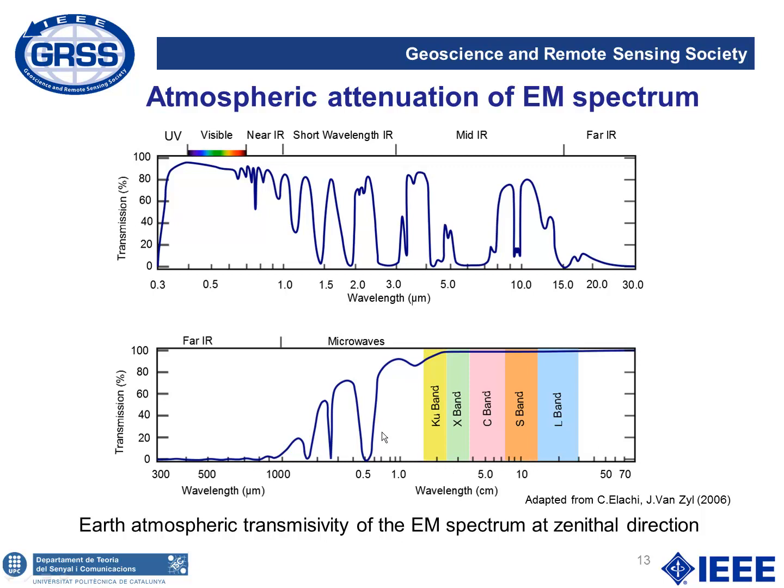And you can see here that we have two wide windows we can use. One is in the visible region. The second wide window is at the microwaves. These bands here are the typical microwave bands that radars and radiometers use.